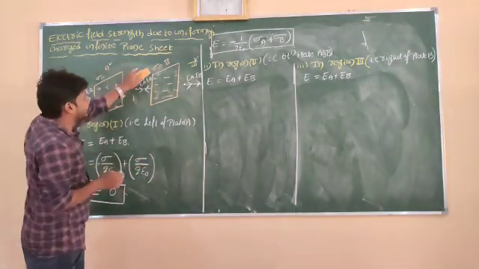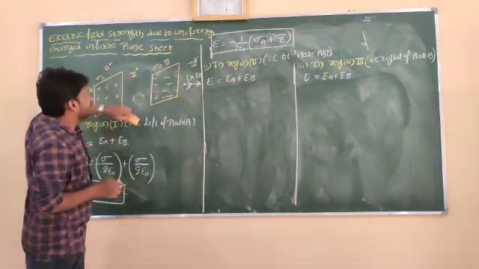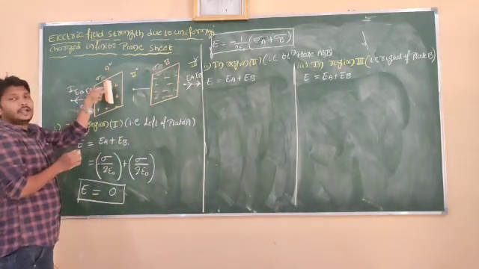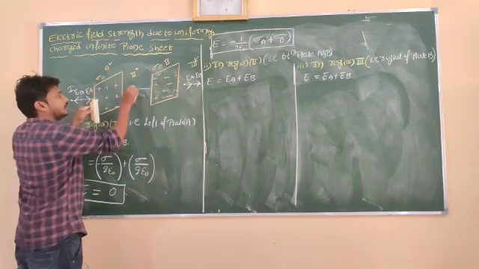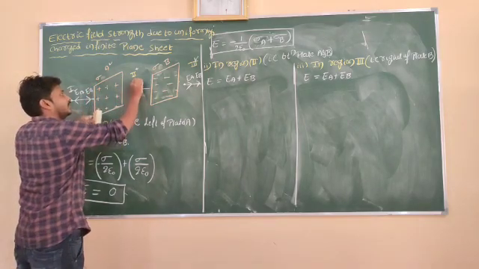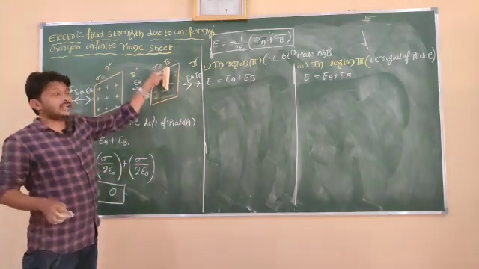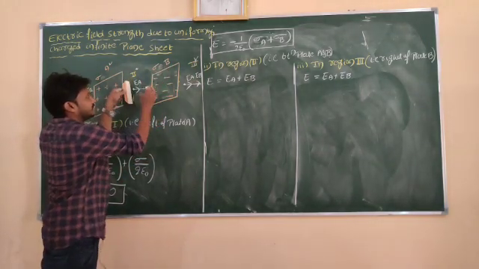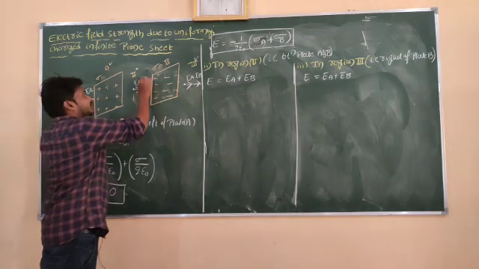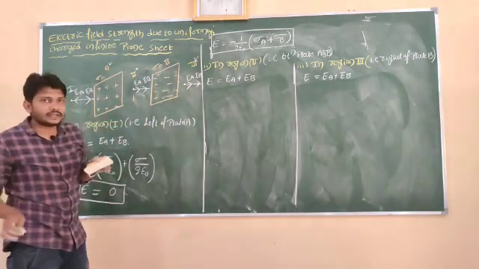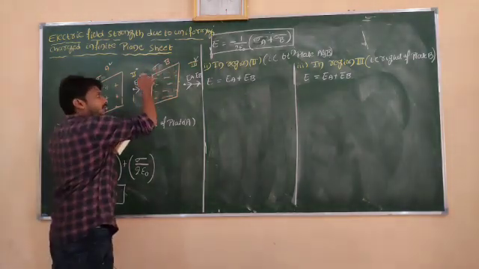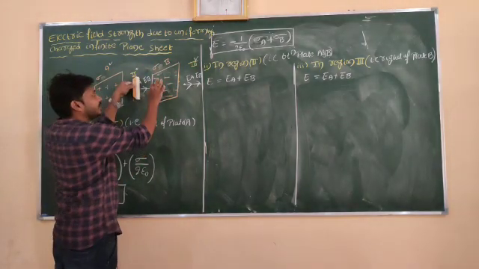So next, similarly in the second region, due to plate A, field lines are outward. So this is the direction of field line. Due to plate B, electric field lines are inward. Due to plate B, electric field lines are inward, so this is the direction of E of B. So look here, for the positive charge field lines are outward, and for the negative charge electric field lines are inward.